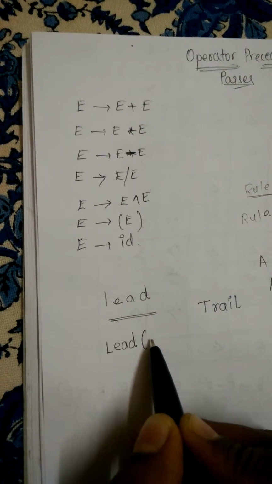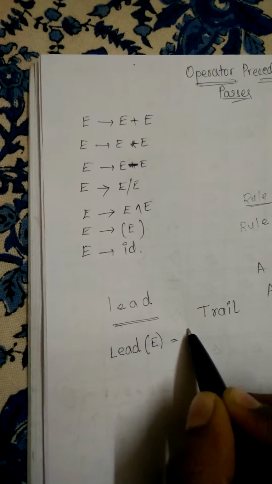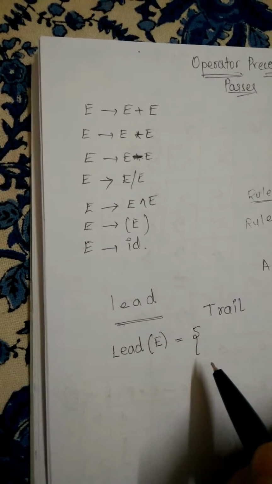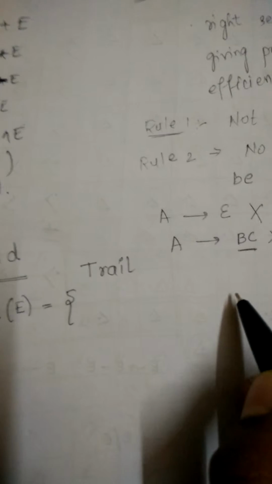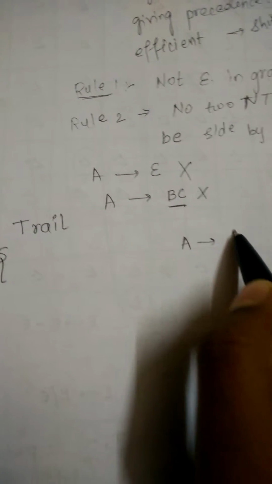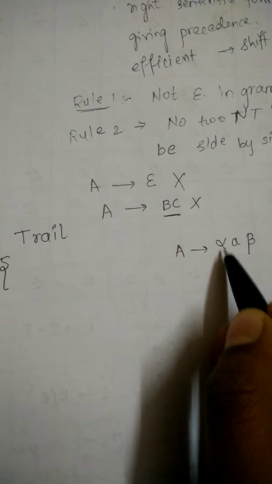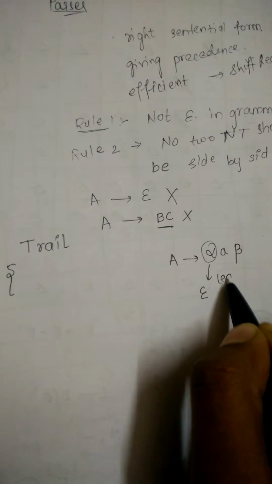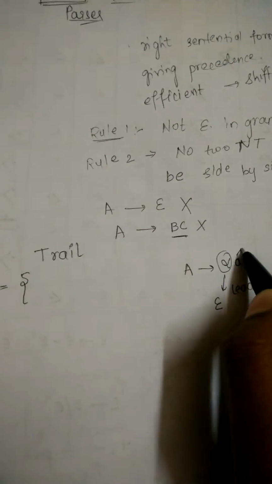Here we have only one non-terminal, that is E. Now we'll see how to find the lead of E. There is a rule: if A tends to alpha a beta, where alpha is epsilon, then lead of A will contain a, which is a terminal.